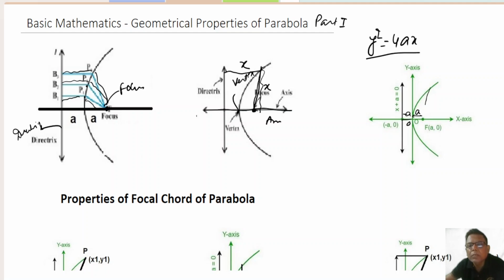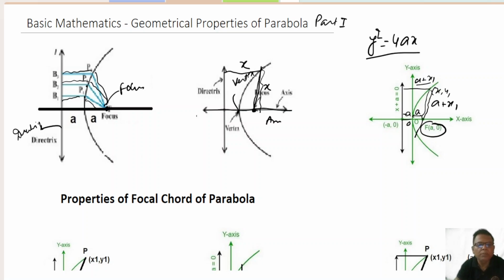Suppose one point is there, that is x1, y1. What will be this distance? This distance will be a plus x1, and this distance is also a plus x1. The focus coordinate will be (a, 0), because the length from here to here is a.